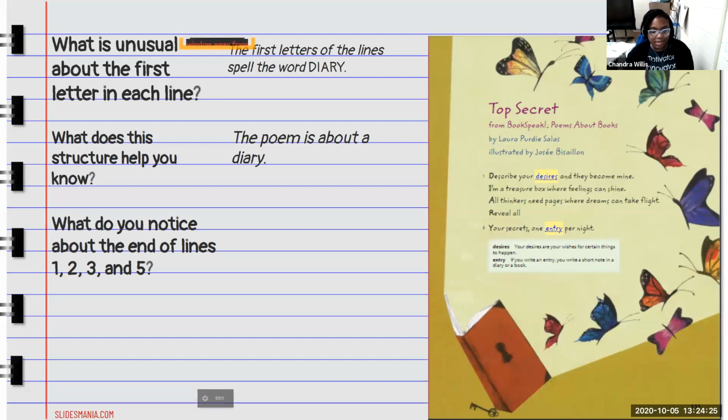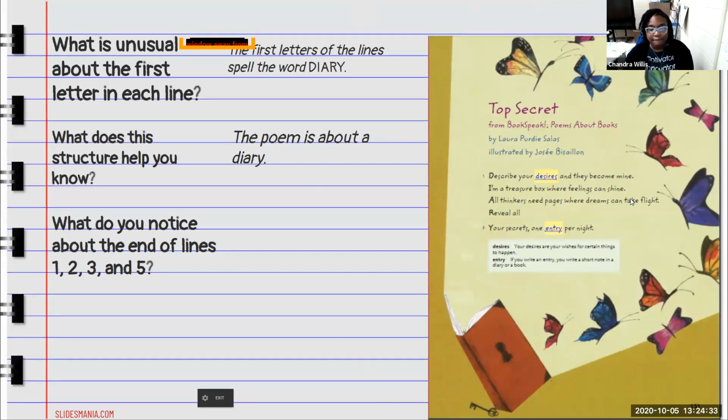I'm going to get Trinity. Trinity, what do you notice about the ends of those lines? They rhyme. I hear somebody typing in the chat box. Yes, they rhyme. The ends of those lines, they rhyme.